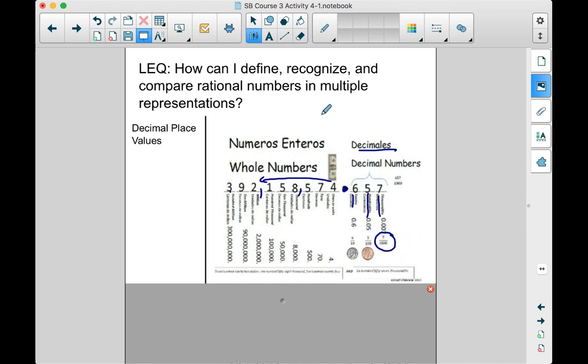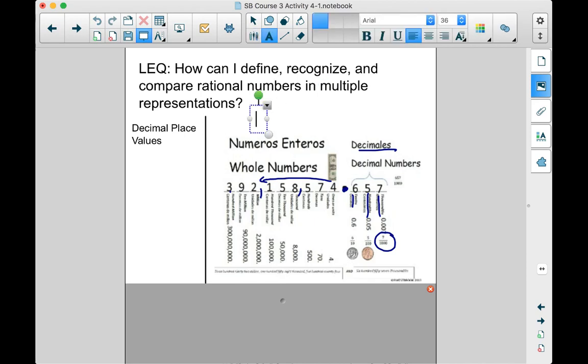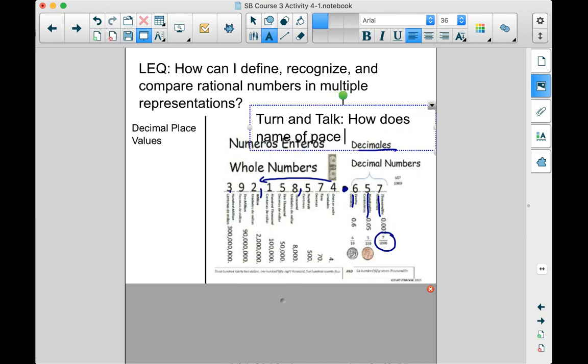So right now I want you to turn and talk about how the name of the place value relates to the fraction.